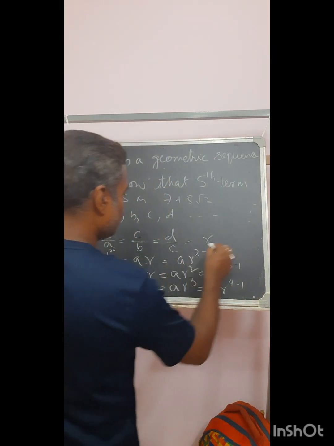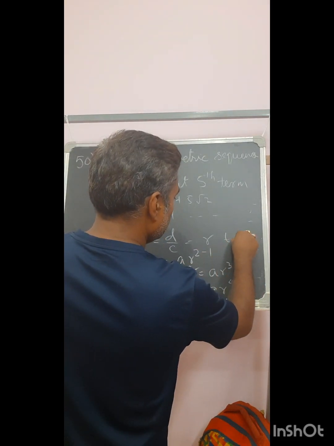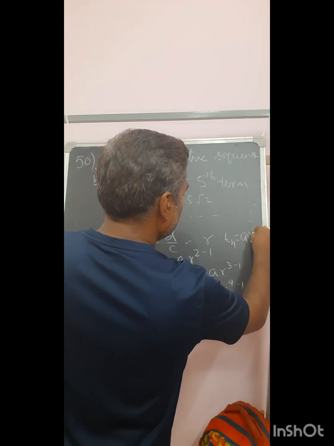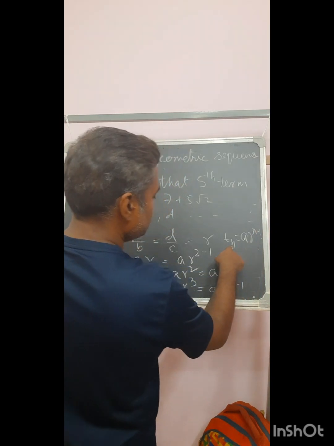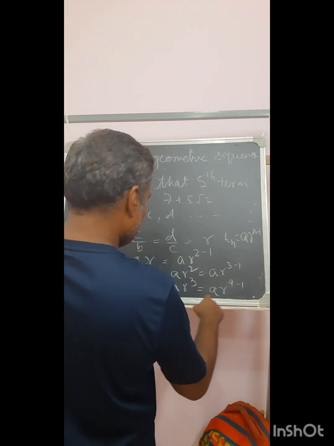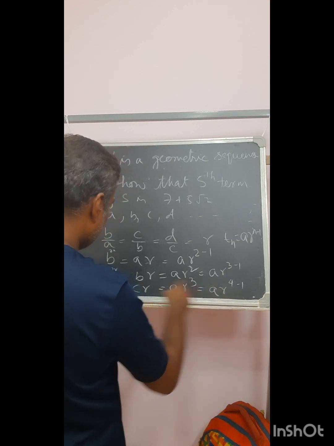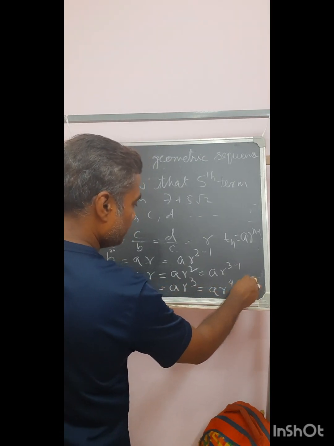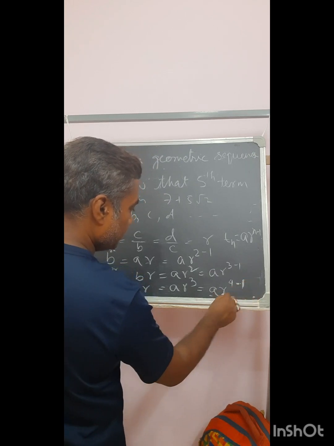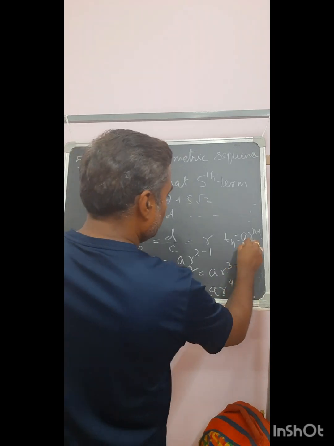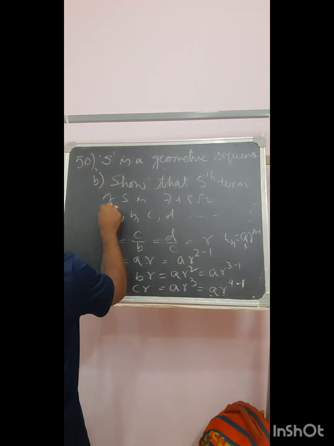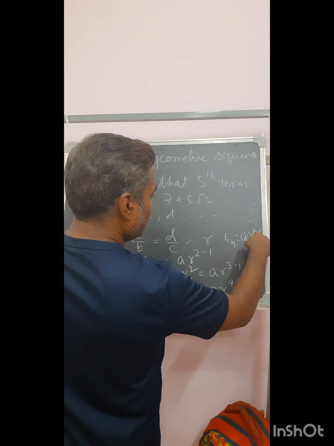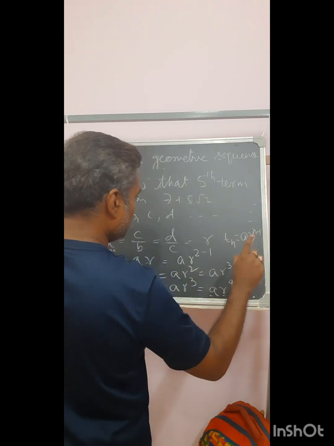So any term Tn can be represented as a r to the power n minus 1, where n is the nth term. In every case, you can see this is the term number minus 1. This is the common representation, and here a and r are same always. A is the first term for this series, r is the common ratio for this series, and n is the position of the term.